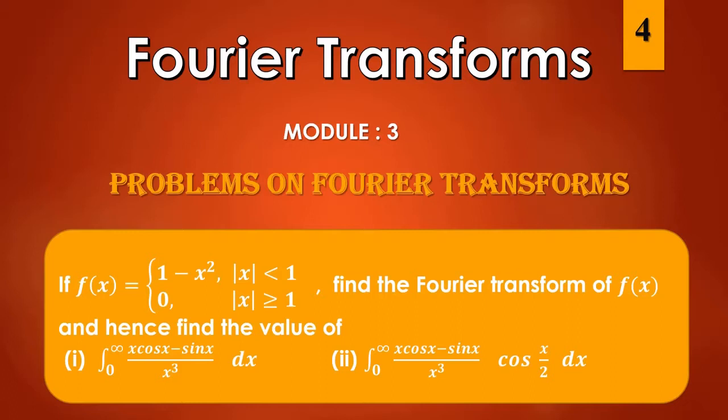The problem is, if f of x is equal to 1 minus x square for mod x less than 1 and 0 for mod x greater than or equal to 1, find the Fourier transform of f of x and hence find the value of first one, integration 0 to infinity (x cos x minus sin x) whole divided by x cube into dx, and second, the integration 0 to infinity (x cos x minus sin x) whole divided by x cube into cos of x upon 2 into dx. So solution of this problem we'll see now.